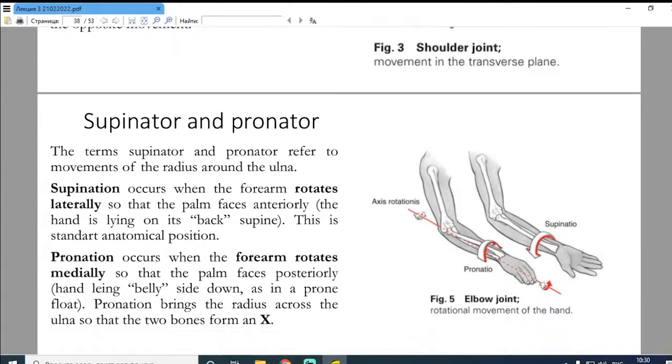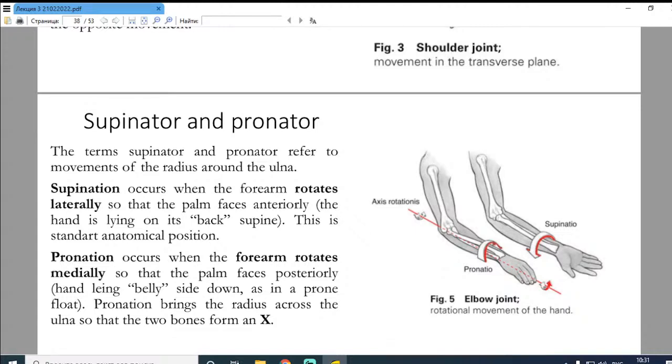The terms supination and pronation in Latin refer to movement of the radius around the ulna. You see the radius and you see the ulna.